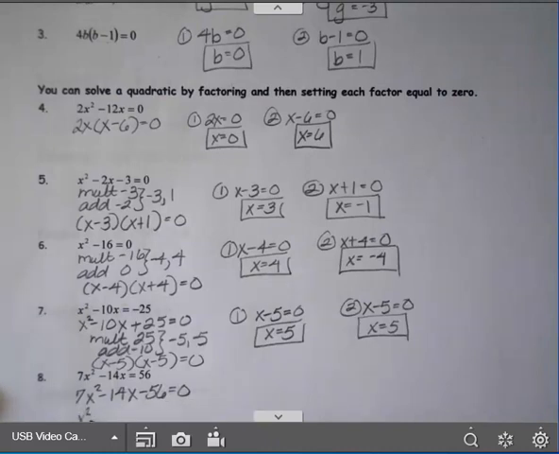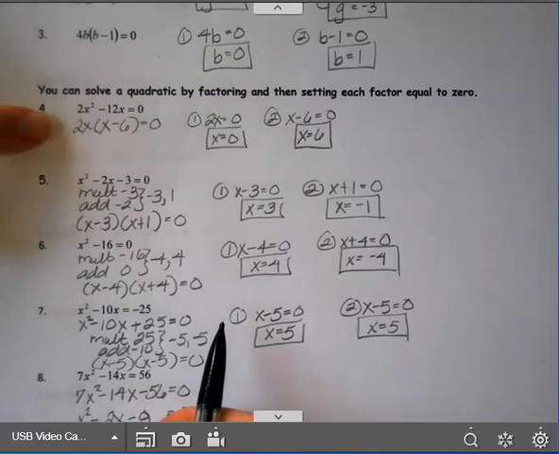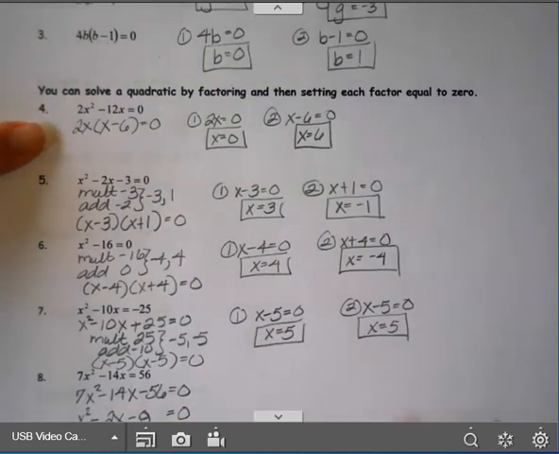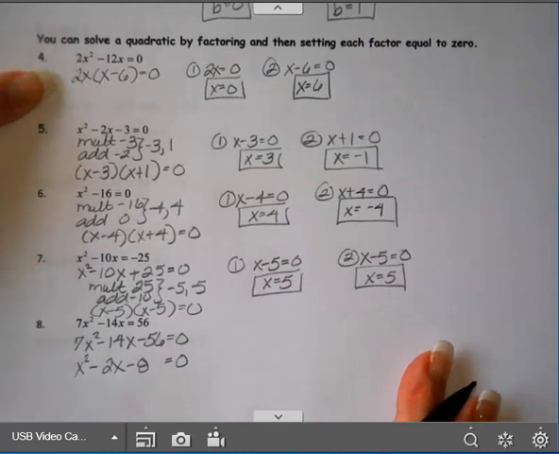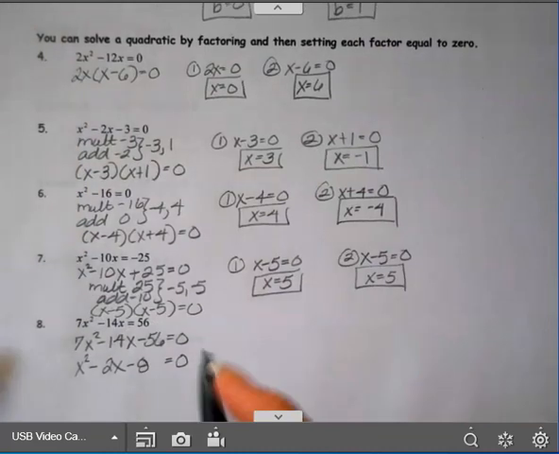So that'll be x squared minus 2x minus 8, and that's equal to 0. If you have a letter, you can't divide the letter out. If I had divided the letter out on number 4, I would have lost a solution. So you can divide out numbers on both sides, but don't divide the letters.